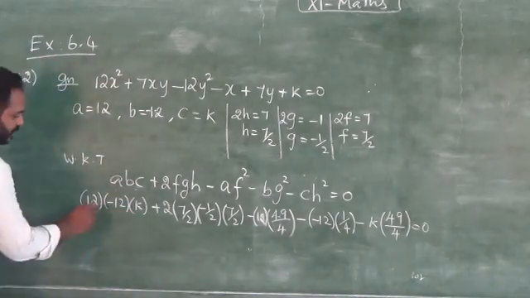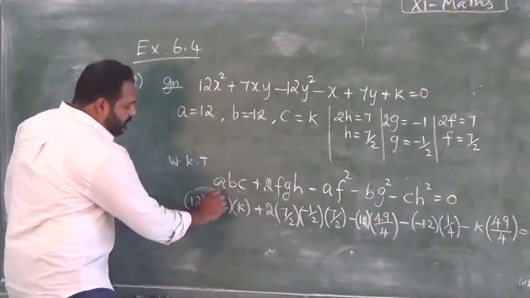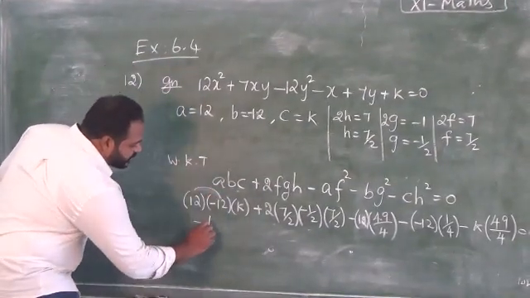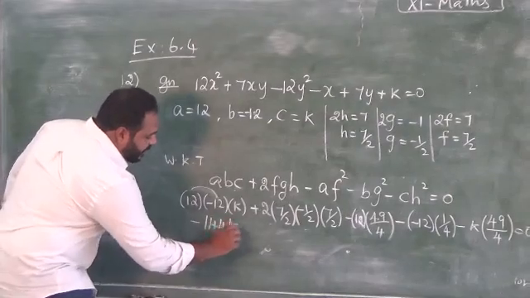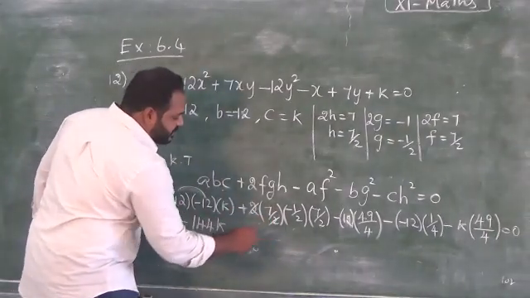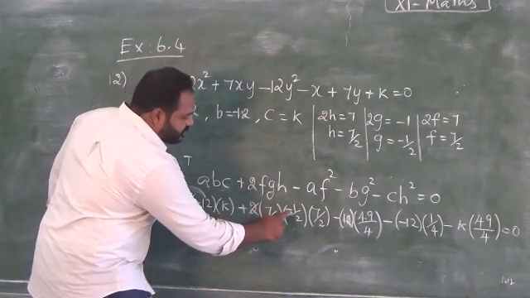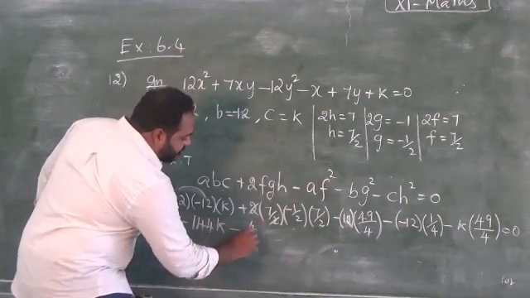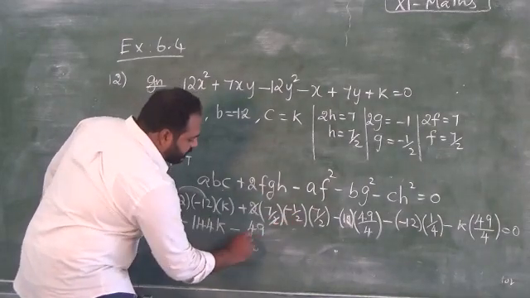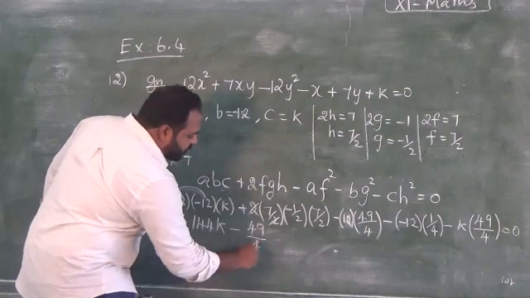After this, multiply, it is minus 144k. Then we have a cancellation here, 7 into minus 1 into 7 is minus 49 by 2 into 2, 4.